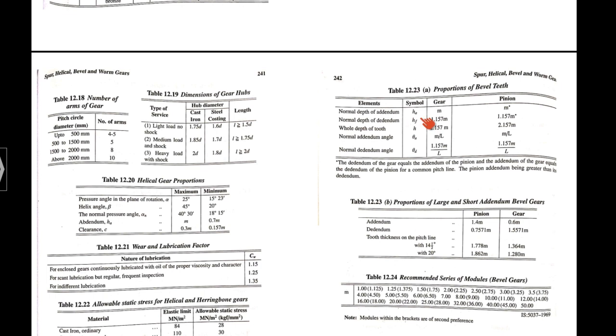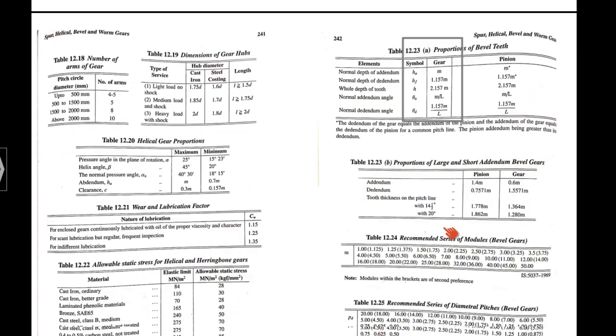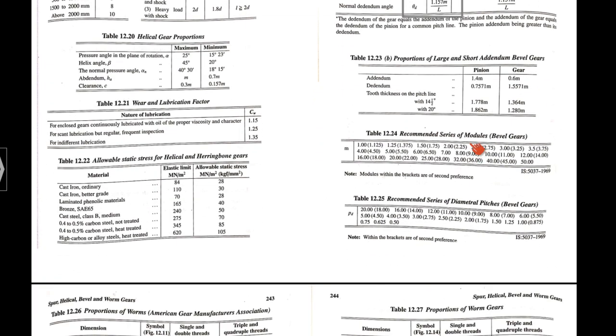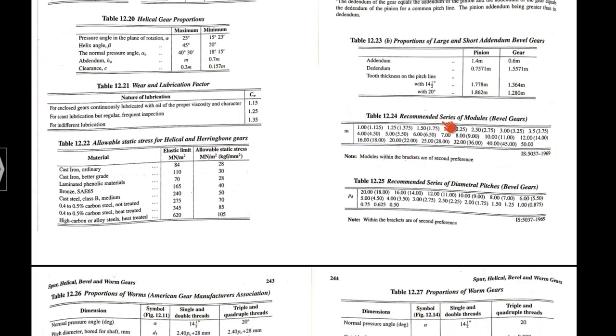The addendum, dedendum, all these values can be obtained using the module. Look here, these are the areas where the dimensions can be obtained. And finally, if you move forward, you can see the standard modules. So after step number 3, you have to use table 12.24 for the standardization of the module.